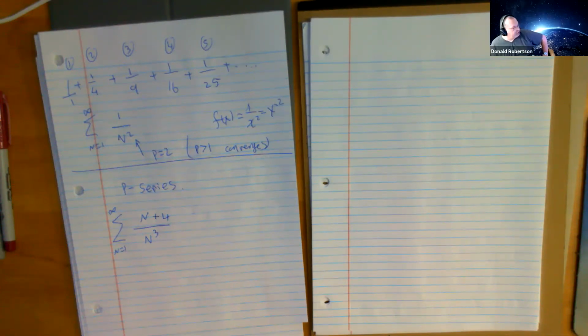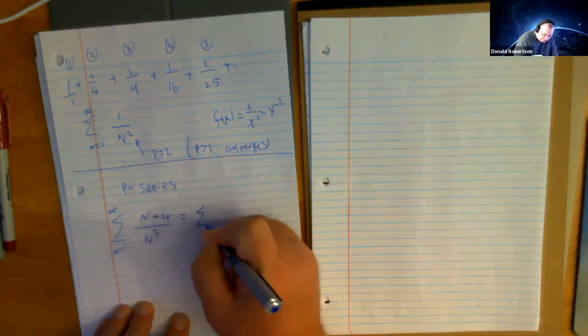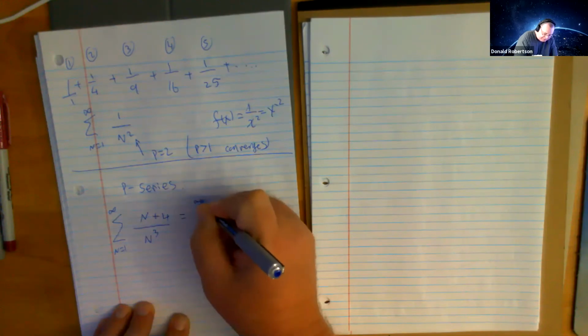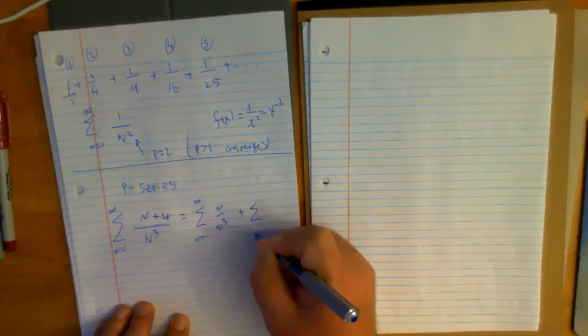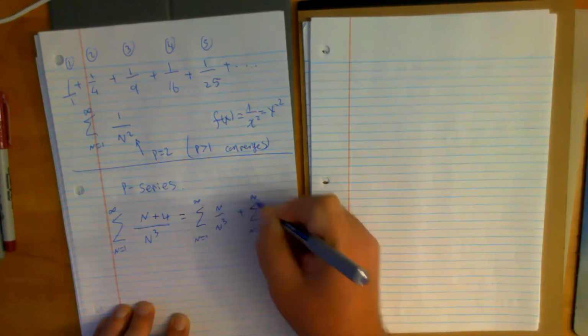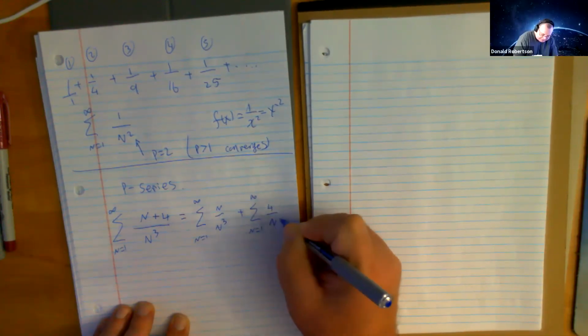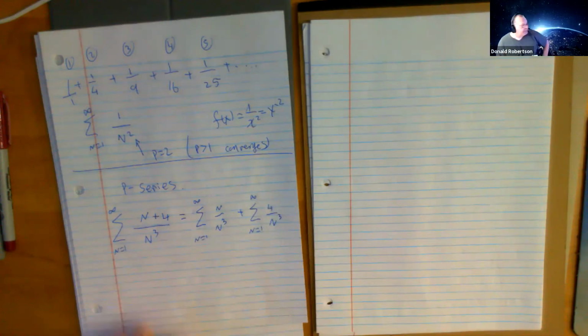None of which work for that. So what I've got to recognize is that maybe, at least in this case, it will work. But can't I split it into 2 separate series and figure out what each one is doing separately, and then come to my conclusion at the end?